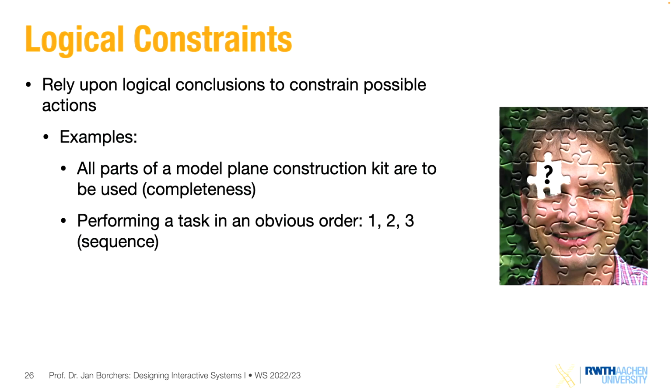That I shouldn't have a wheel left over at the end when I'm done assembling it. Or you could also say that certain logical constraints involve performing a task in an obvious order, like do first this and this and this, when everybody can reason about it for a moment, not knowing much about the domain, and say, yeah, that's the logical way of doing it, then that makes sense.